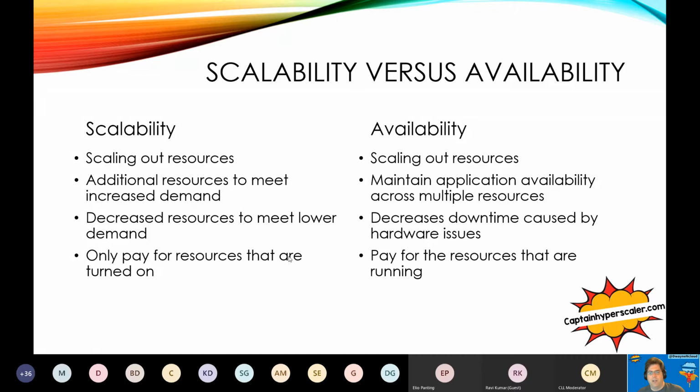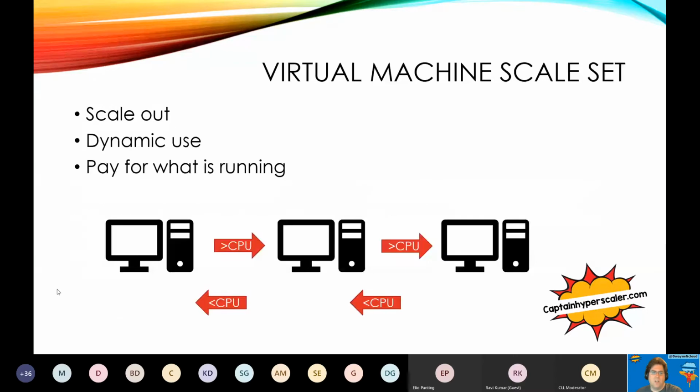We'll go deep into that, but understand that with availability, generally you're going to define that this many resources are going to run, whereas with scalability it's, oh, my demand has increased, I need to increase my resources. And here's a graph that shows that scaling. Your CPU is very dynamic. You start with, say, one machine, but your server has an increased demand, so it adds another virtual machine running that application, and then you have a load balancer balancing across those virtual machines. As your CPU increases again, it'll add another machine.